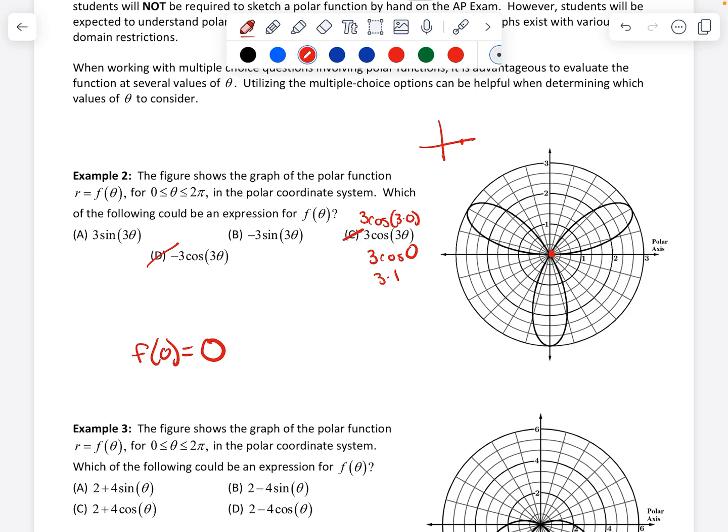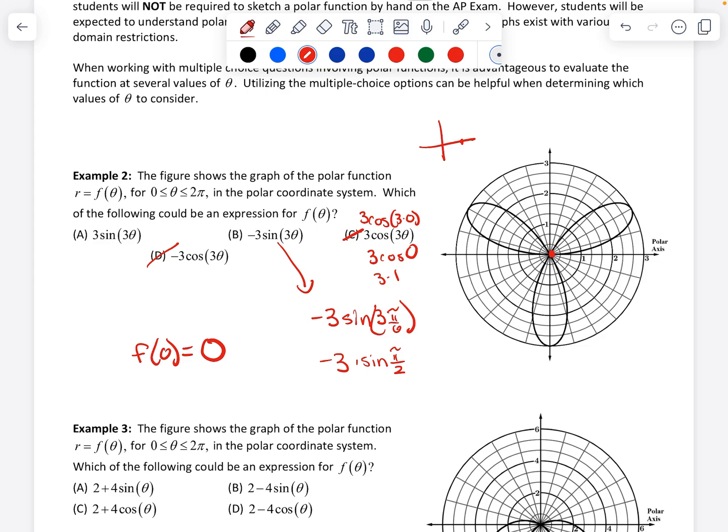Let's try, so we have sine, okay? So I'm going to try, what if I did pi over 6? So if I looked at b, negative 3 sine of 3 times pi over 6. Well, negative 3 times the sine of pi over 2, right?